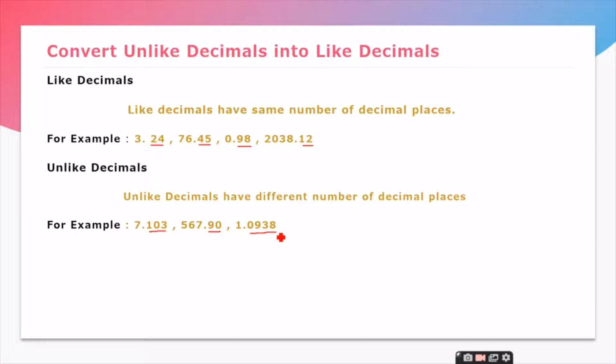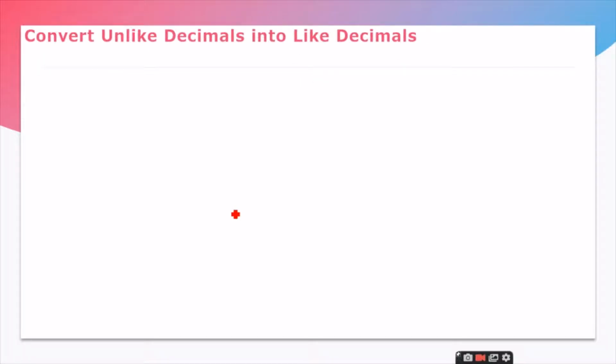So these are called unlike decimals. I have repeated once again: like decimals are those which have the same number of decimal places, and unlike decimals are those which have different numbers of decimal places. Now let's learn how to convert unlike decimals into like decimals.